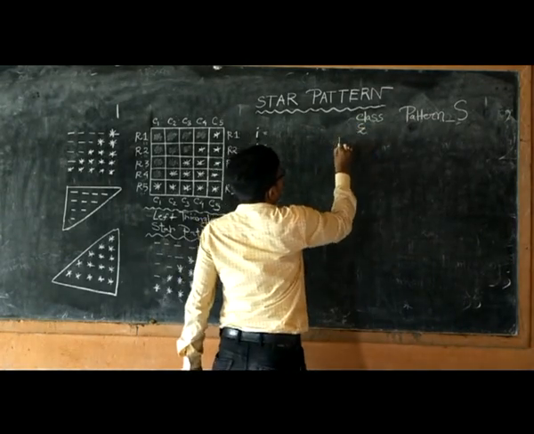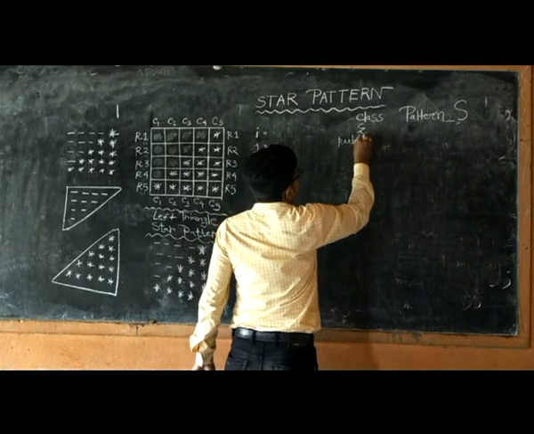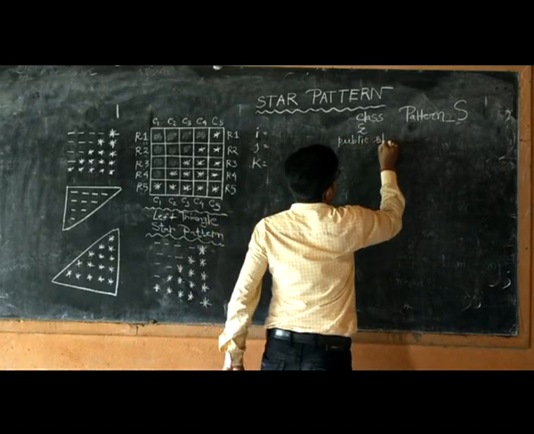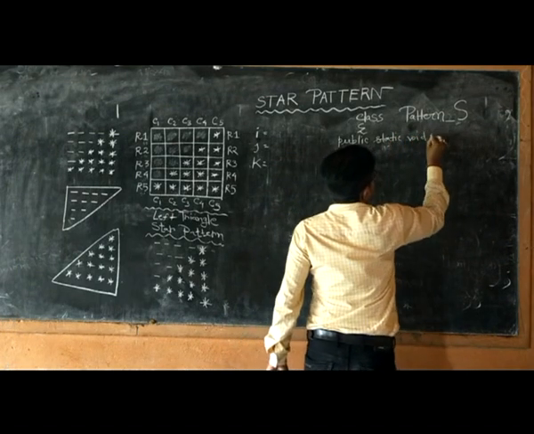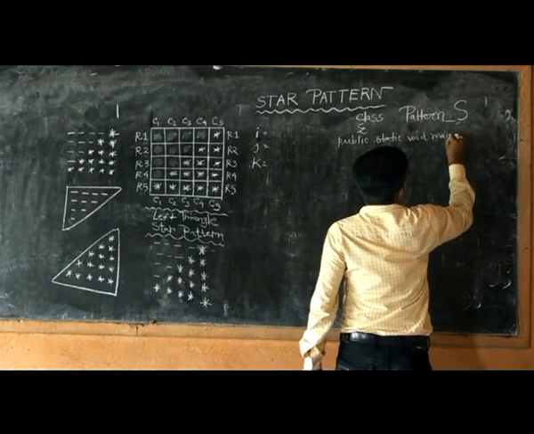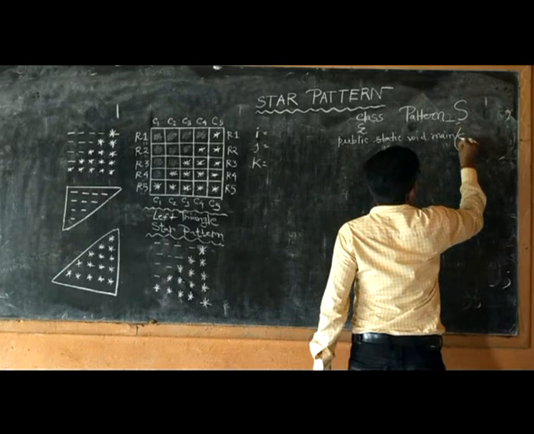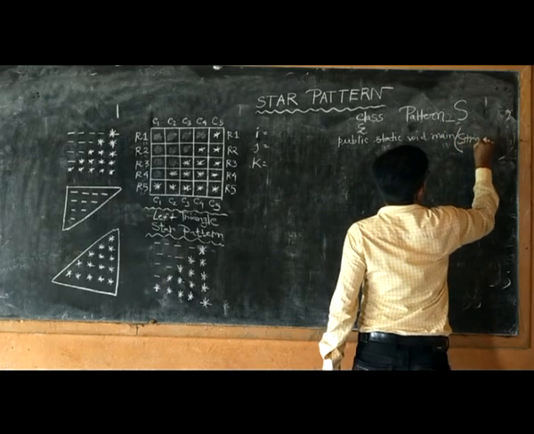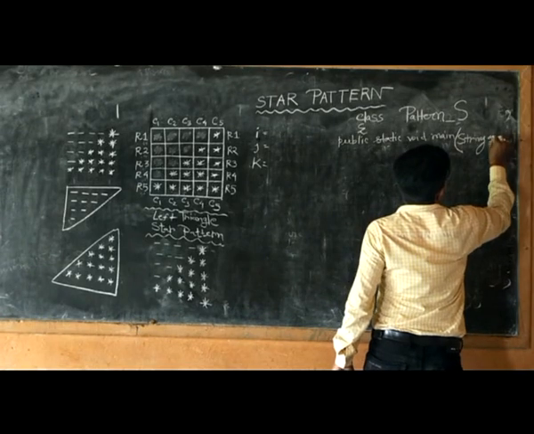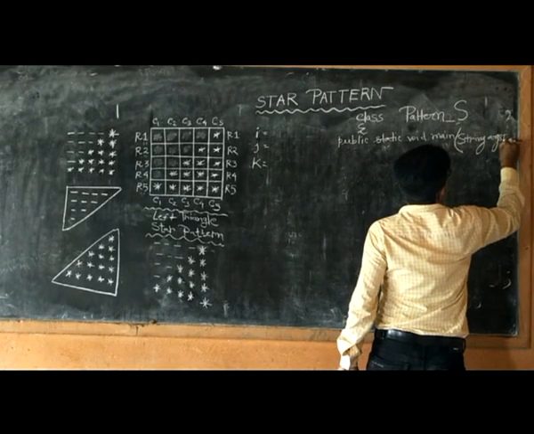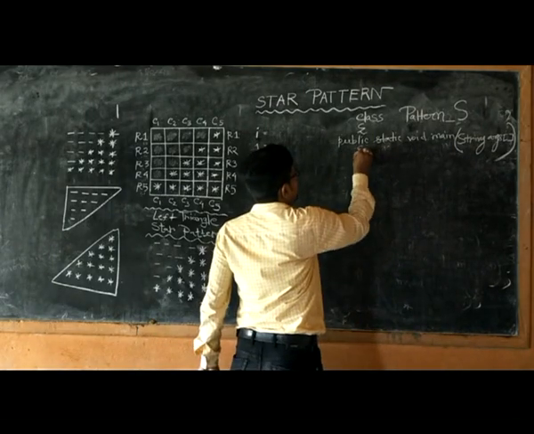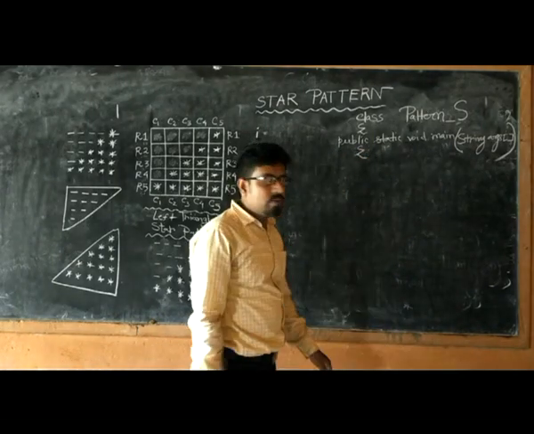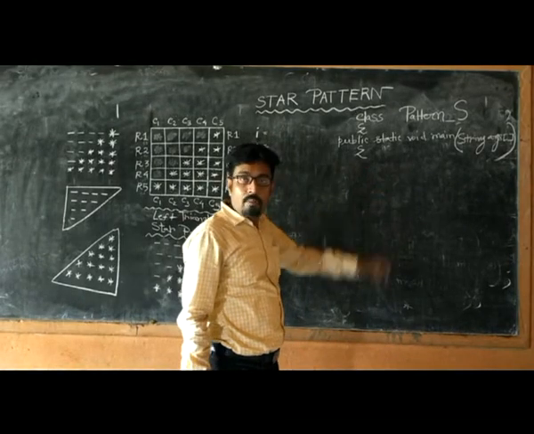Now public static void main, within first bracket String, capital A R G S, third bracket open close, first bracket close, second bracket open. Now your declaration part needs to be completed, students.